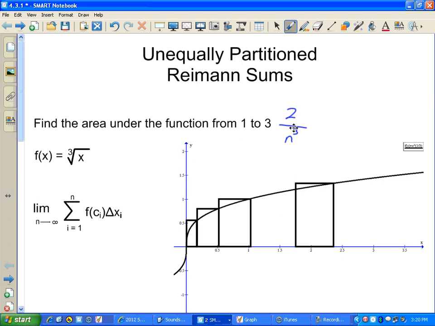So if I'm dividing into n cubed, I can also pick the cube of the ith rectangle to talk about. Instead of just the ith rectangle, I can pick the cube. So I'm going to use right endpoints.